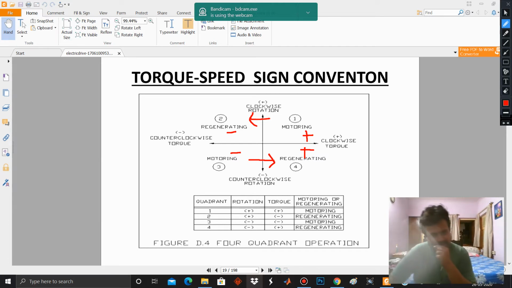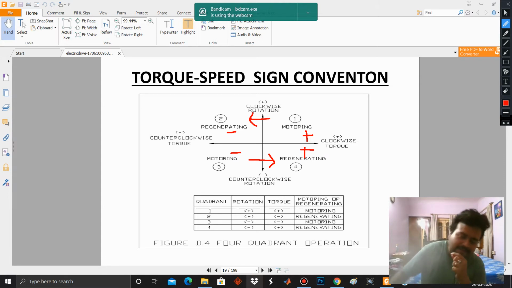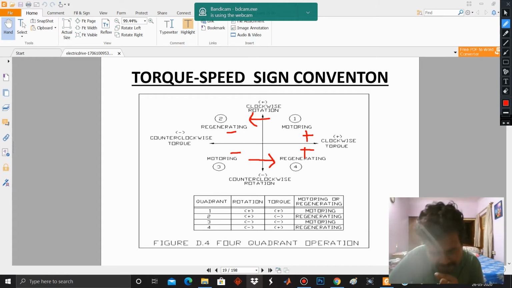There are some options. Either we can waste that power as heat energy through a braking resistor, but if we waste that power in a braking resistor as I squared R loss, what will happen? The efficiency of the system will fall, because all the power will be dissipated in the resistor as heat energy.